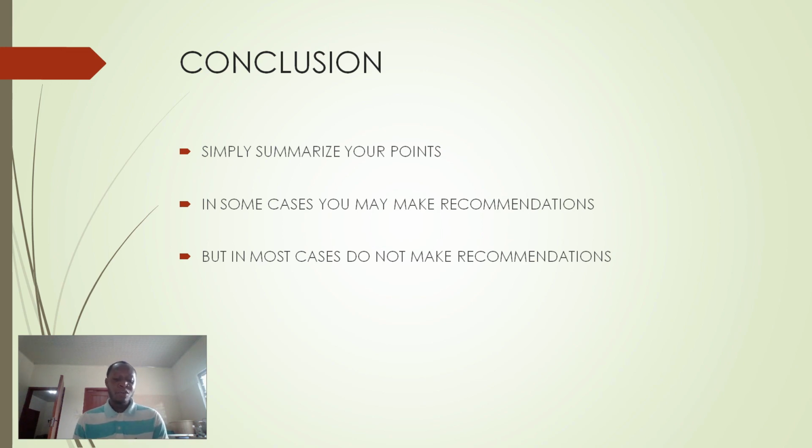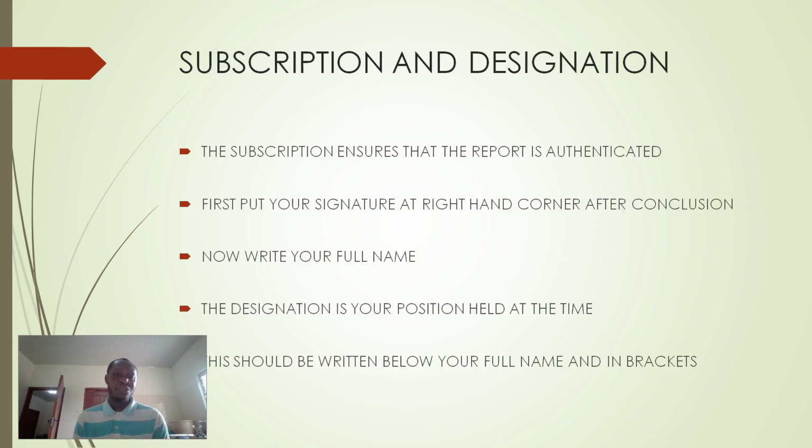So after you conclude, the next step is your subscription, which is very important. For any report to be accepted, the report must be authenticated. And the only way a report can be deemed as authenticated is when it is traced to a particular person.